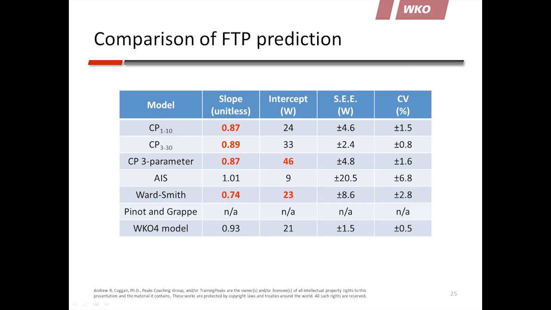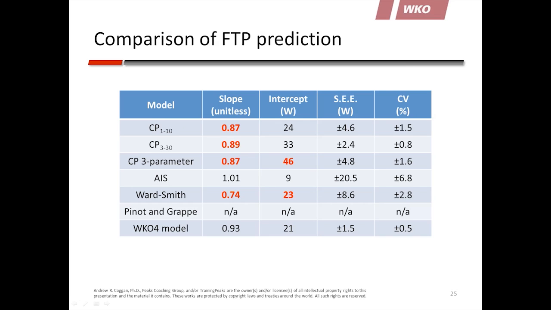I made the suggestion, way back in 2003 or something, that we go back to the early convention in the scientific literature of using longer durations that people used to use, and that actually brings your CV down for predicting FTP, but your slope is still different from 1. The 3-parameter model, both the slope and the intercept of the critical power versus FTP are significantly different from 1, so that's less than ideal.